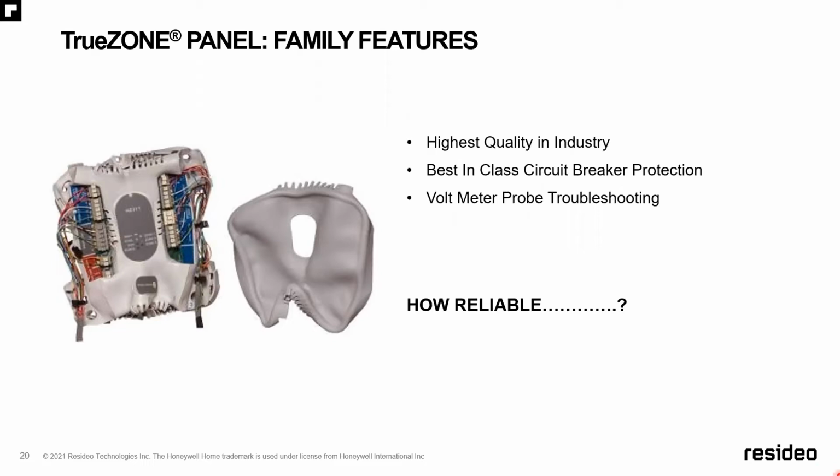Now, it's important to understand that we use very high quality materials. I mentioned to you earlier about the circuit breaker protection and the way that it's so easy to troubleshoot. And as you can see, this particular panel here had a horrifically bad day. Ours are made to handle very, very hot attics.